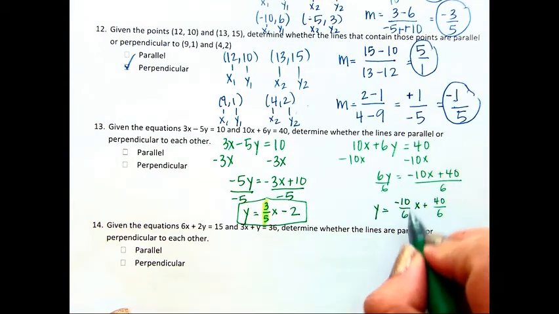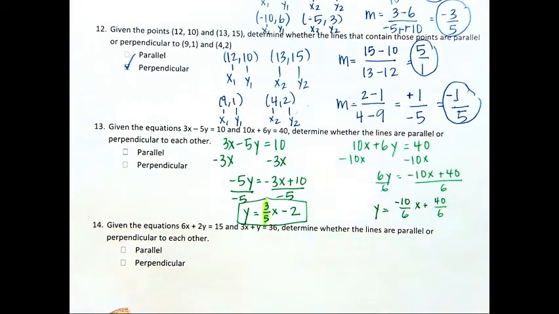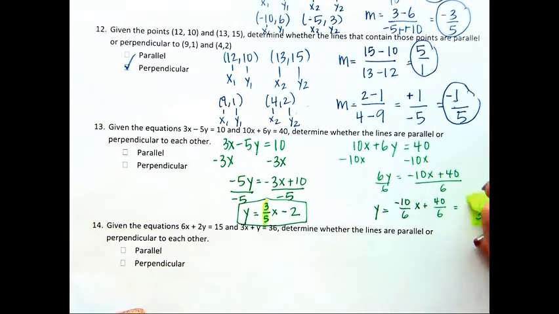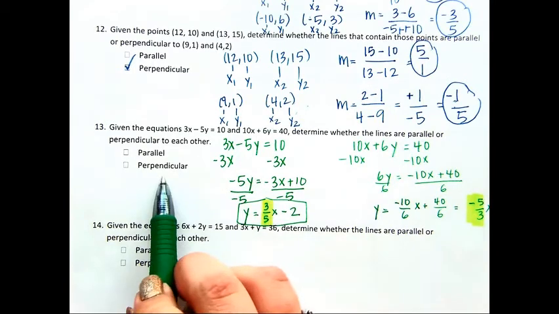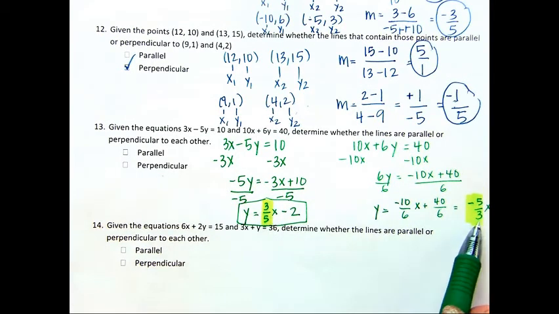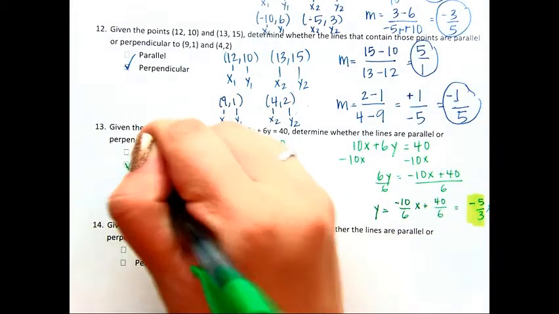But I can simplify this slope a little further. This ends up being negative 5 over 3x plus whatever this is. So looking at these two, all I care about is the slope. They are not parallel because they're not the same, but they're perpendicular because they're negative reciprocals of each other. So 3 over 5, its opposite reciprocal, negative reciprocal, is a negative 5 over 3. So these are perpendicular.